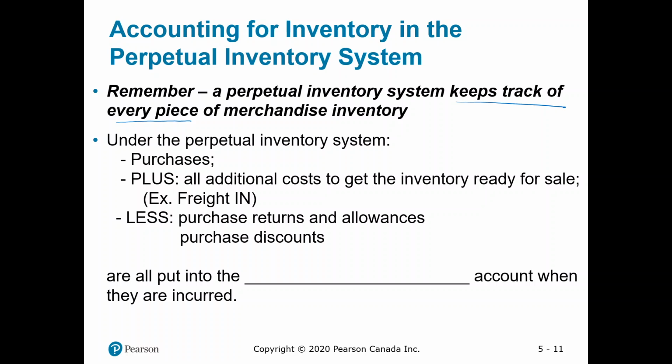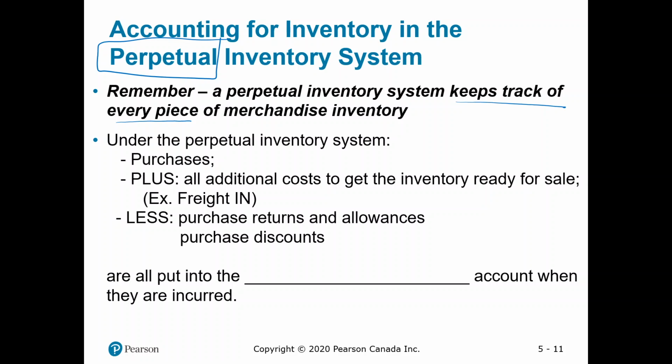So whenever we have these purchases or sales of inventory, we always update our inventory account. Under the perpetual system, we always want that inventory up to date. So anytime we look at the ledger, we know how much inventory we've got. That is what goes on in the perpetual system. It's always up to date.